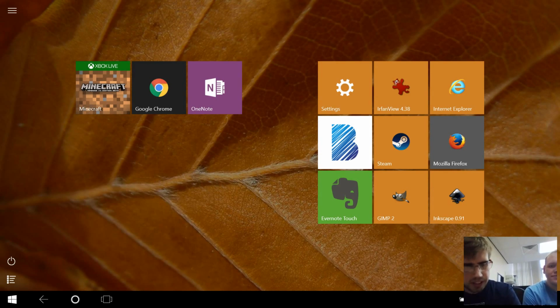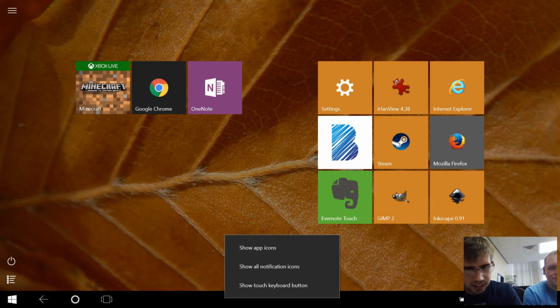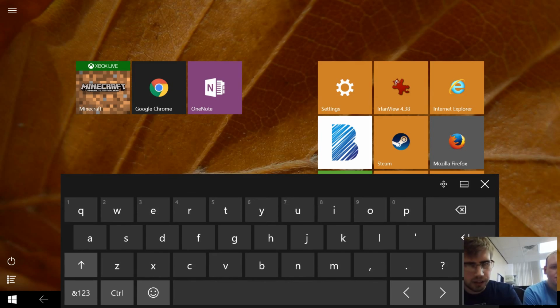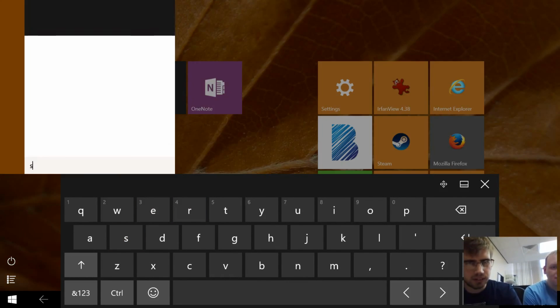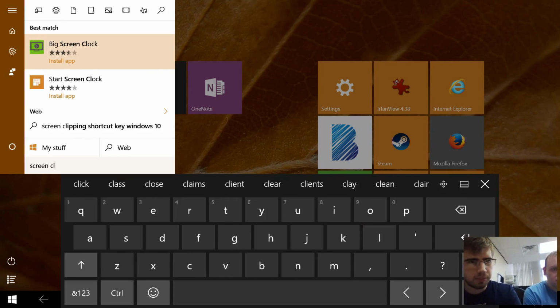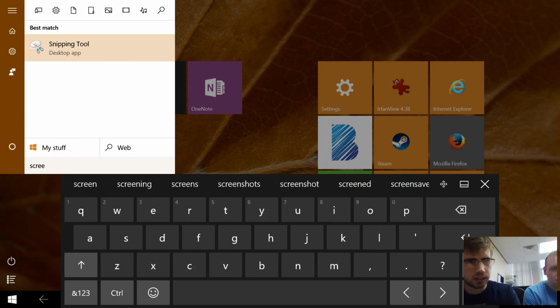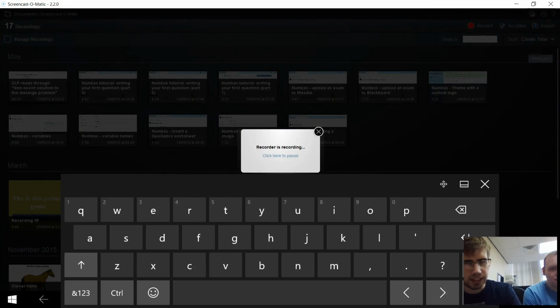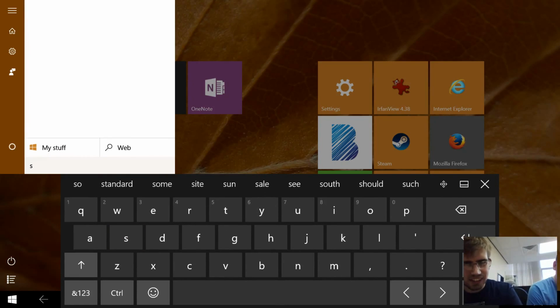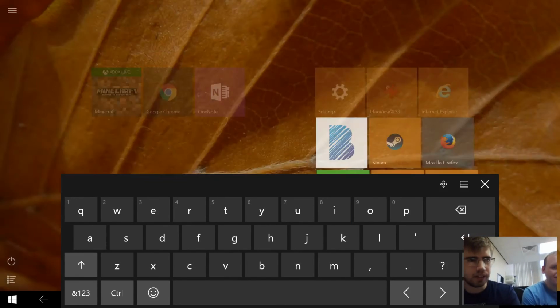God damn it, Windows 10. Show touch keyboard button. There we are. Right, snipper.